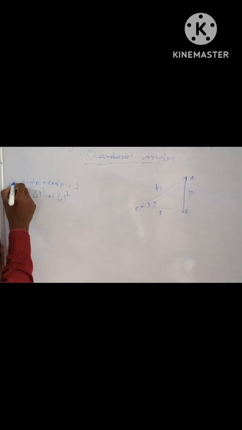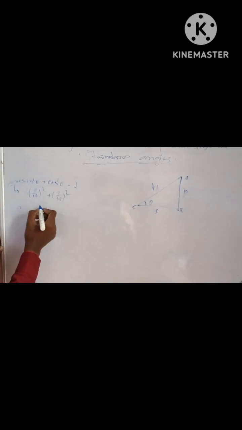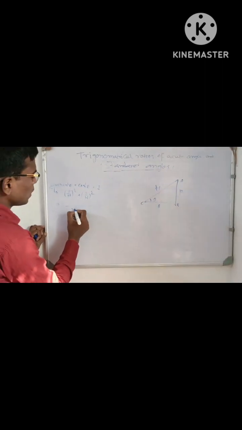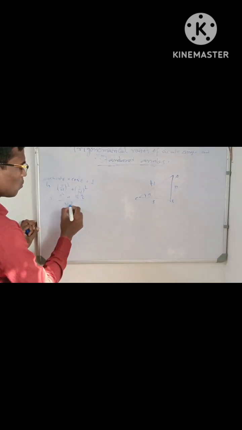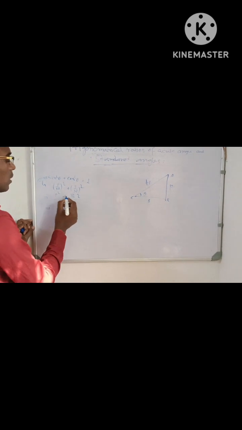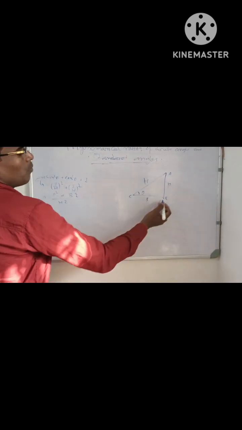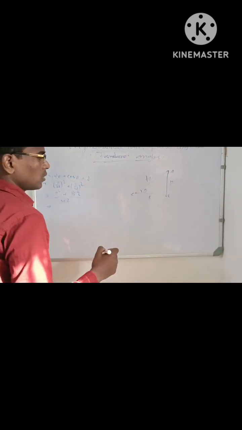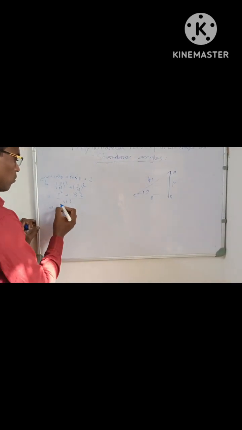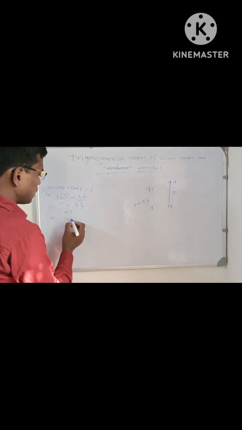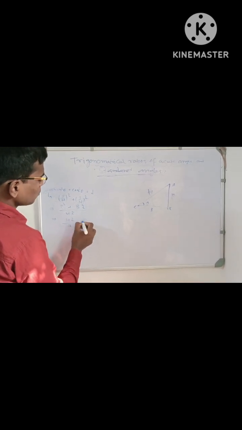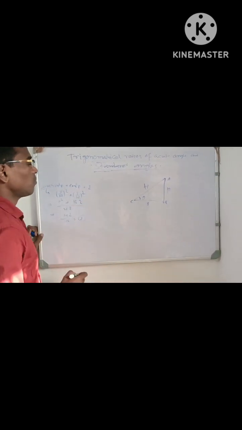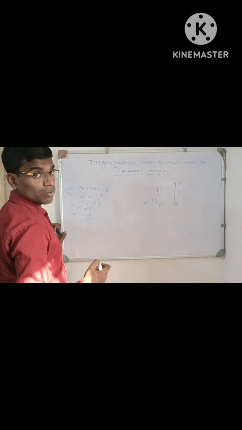If we take the left hand side, the LCM is hypotenuse square, giving perpendicular square plus base square. From the Pythagorean theorem, p square plus b square equals hypotenuse square, so we get hypotenuse square by hypotenuse square equals 1. That's why sin square theta plus cos square theta equals 1.